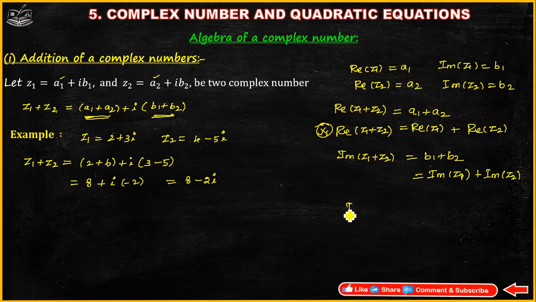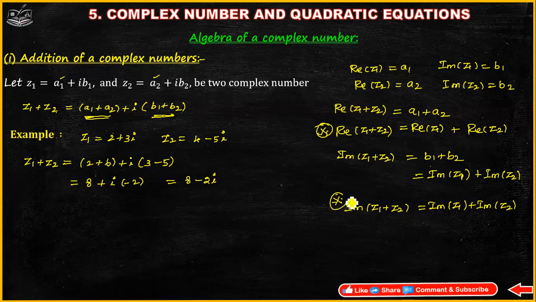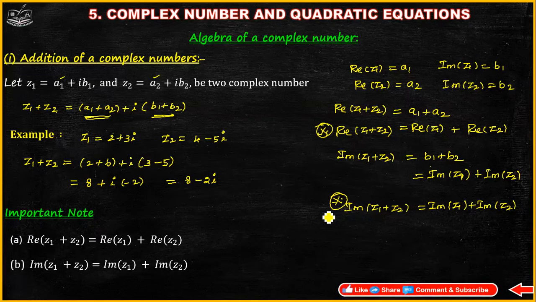So the conclusion: imaginary part of z1 plus z2 is equal to imaginary part of z1 plus imaginary part of z2. This is another important result for addition. Add the imaginary parts similarly and the same value will come. Understood, children?